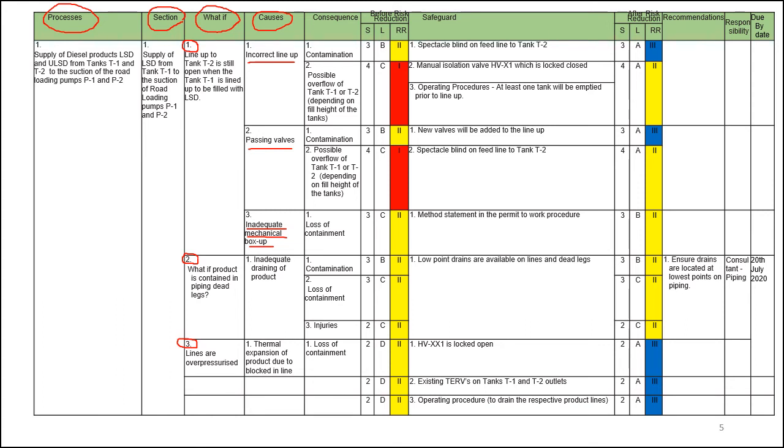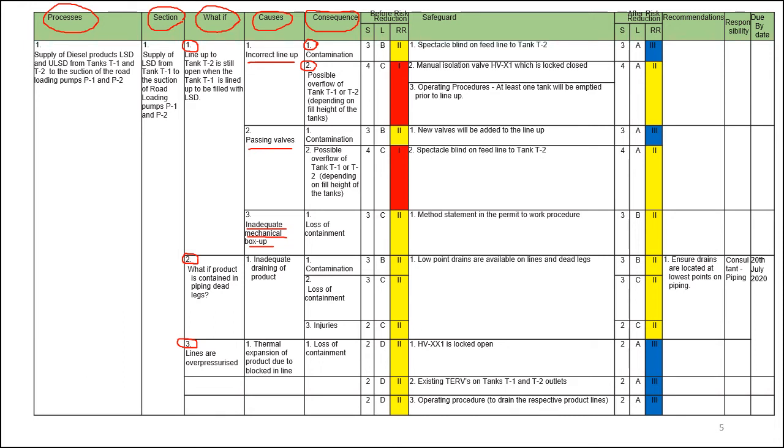We then look at the consequences. Let's take the first one. If there's incorrect lineup of the valves, we're going to get contamination, probably ULSD or LSD into ULSD. And we can also have possible overfill of tank T1 or T2, which depends, of course, on the fill height of the tanks.